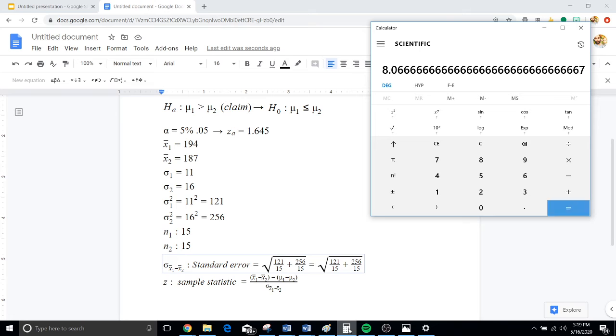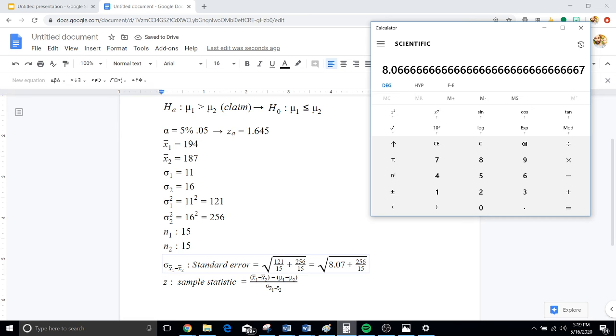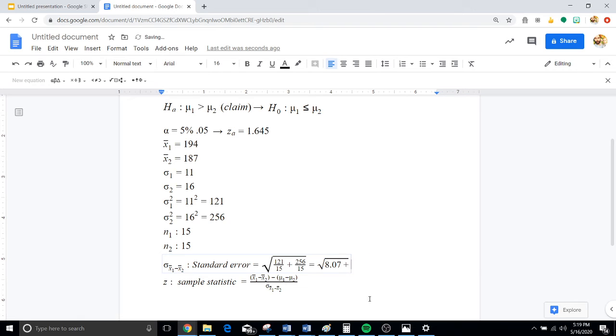121 divided by 15 is going to give us about 8.07. Next up, 256 over 15, 256 divided by 15 is 17.07. Let's add these numbers up and then square root them.